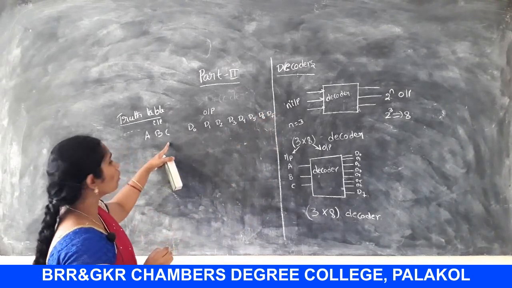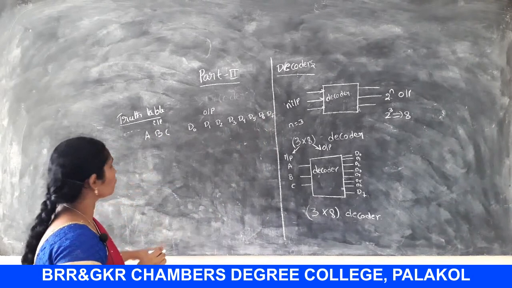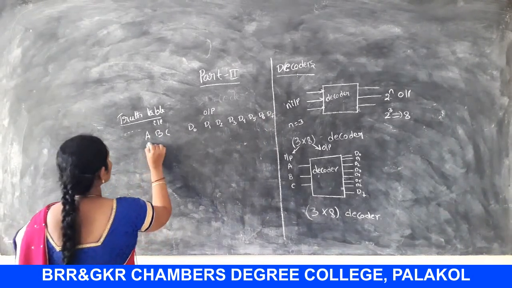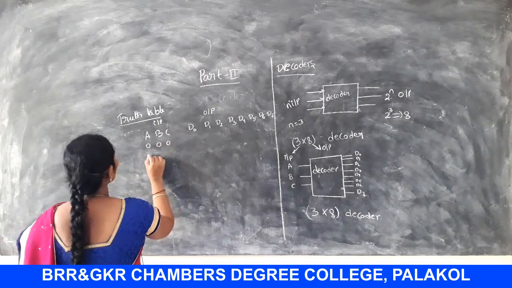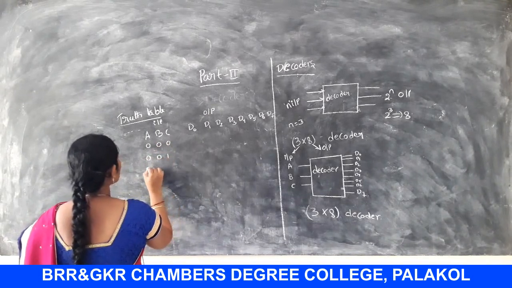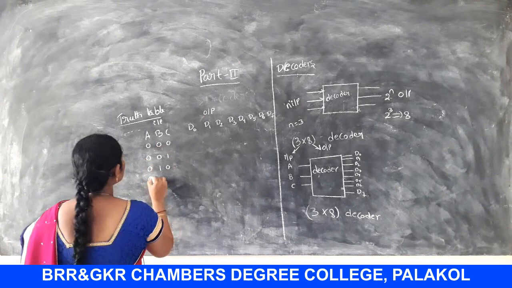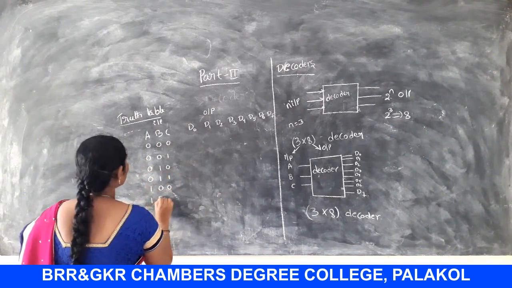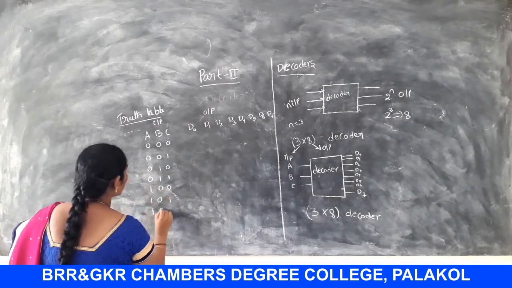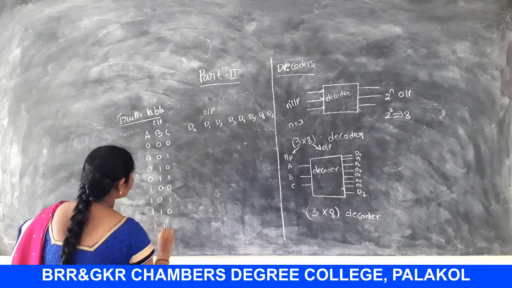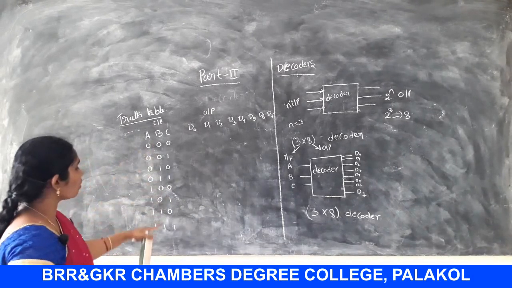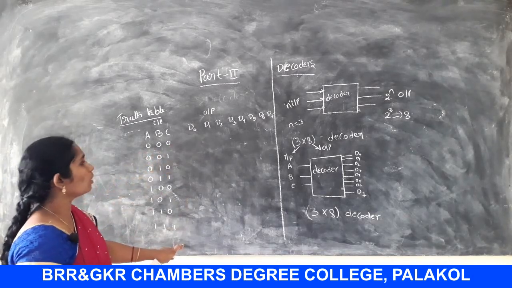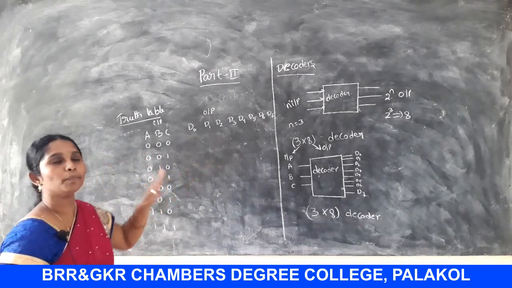When we apply 3 inputs, it produces 8 combinations. Those 8 combinations are 0 0 0, 0 0 1, 0 1 0, 0 1 1, 1 0 0, 1 0 1, 1 1 0, 1 1 1. Depending upon these 8 combinations, the output will be produced.